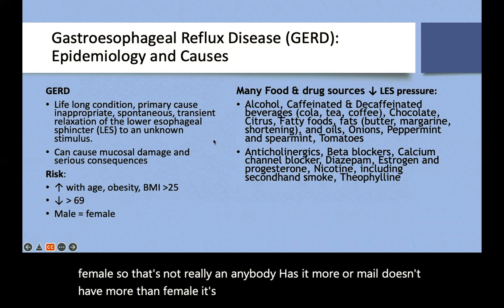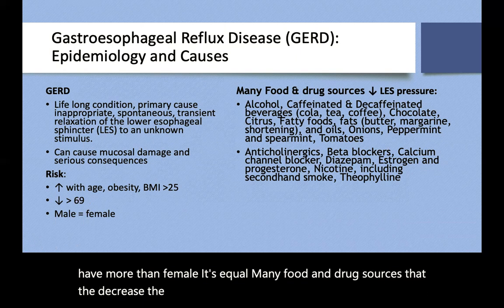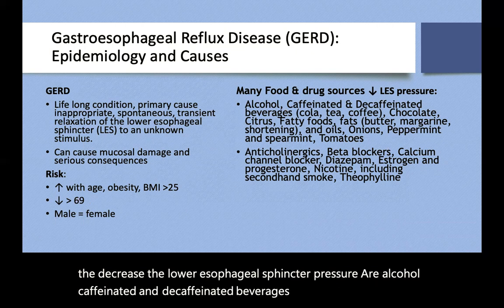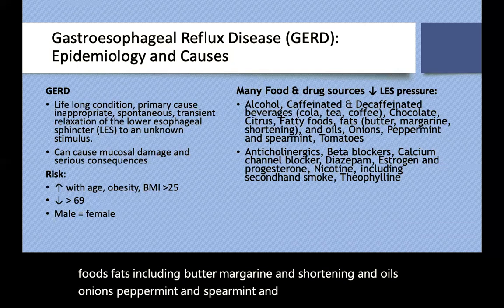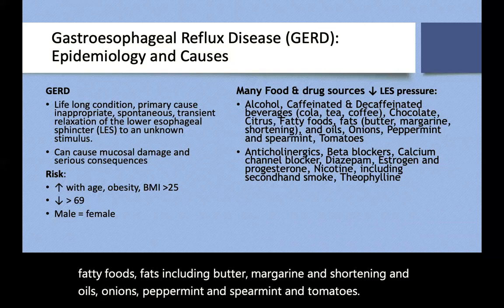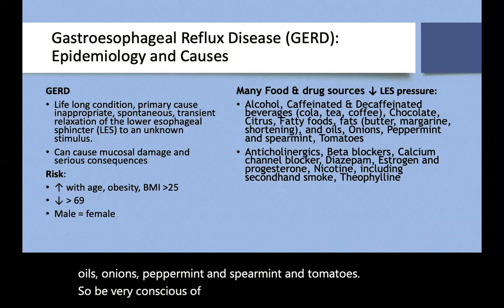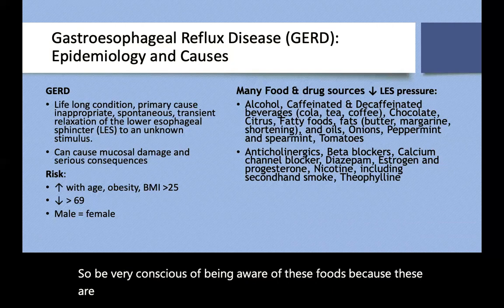Many food and drug sources decrease the lower esophageal sphincter pressure: alcohol, caffeinated and decaffeinated beverages, chocolate, citrus, fatty foods, fats, including butter, margarine, and shortening, and oils, onions, peppermint, and spearmint, and tomatoes. So be very conscious of these foods because these are the foods you need to tell the patients who are suffering from GERD to avoid.